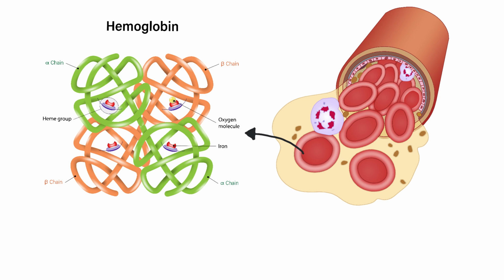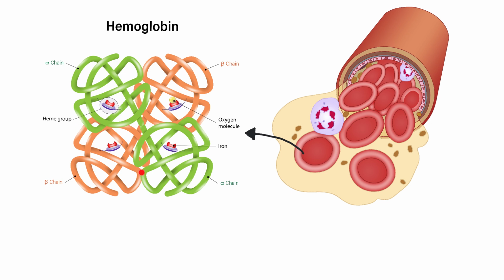Now, as I just mentioned, we're going to find hemoglobin within those red blood cells. If we take a closer look at hemoglobin, we'll see that there are these heme regions of the hemoglobin molecule, and each heme is going to contain one iron atom. Each of those iron atoms is capable of binding to one oxygen.